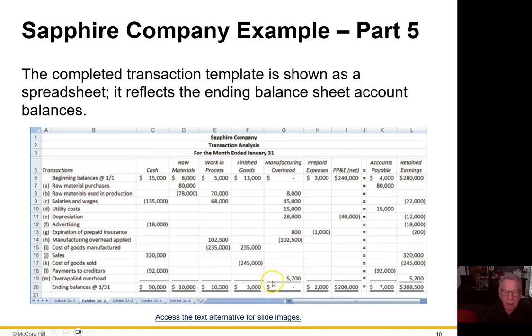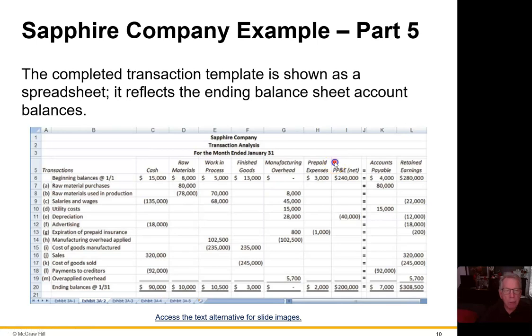That did not quite balance, so we had over-applied overhead of $5,700, and we charged that to manufacturing overhead, with the other being to cost of goods sold on the income statement.